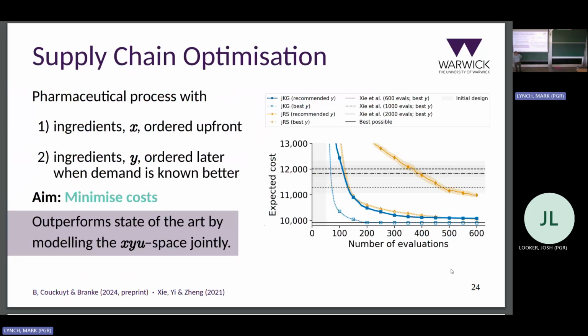And the story is even better because in this paper, they actually assume that you only need to pick the upfront quantities now, and then afterwards you can have some oracle that tells you what the best adjustable variables are. And if we do that in our one, then obviously we don't need to optimize G. We could just say what's the best function G for that X, and it can do even better basically. So it's a big improvement on the current state of the art on a real problem.